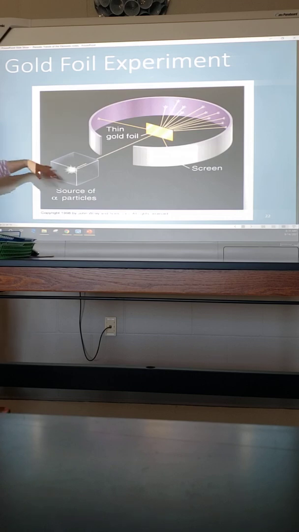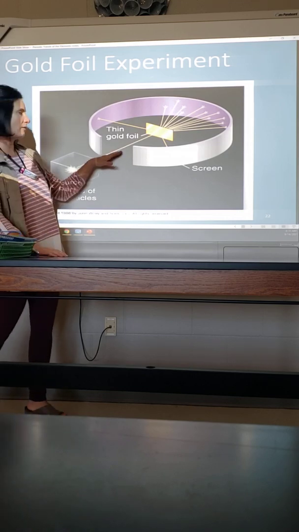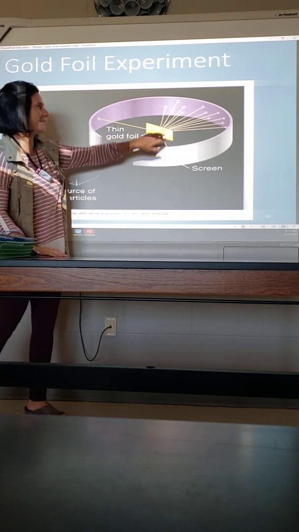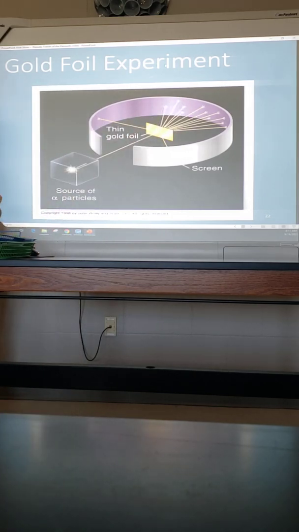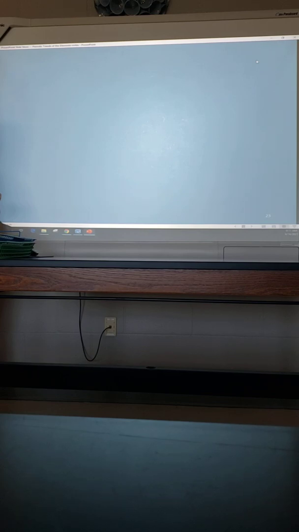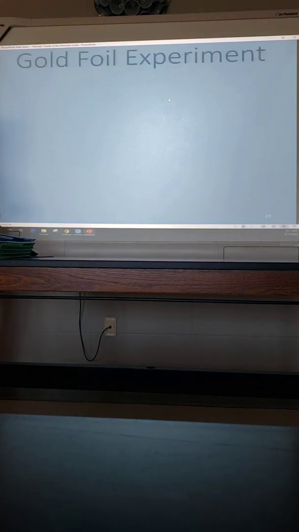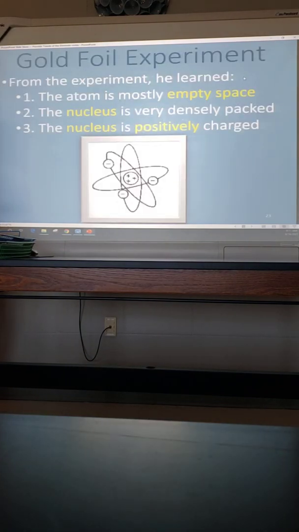All right, so you can kind of see, here's the alpha source, here's our thin gold, and again, most are going through, but a few get reflected. All right, and so that basically sets up our understanding that the atom is mostly empty space, the nucleus is very densely packed, and that the nucleus is positively charged.